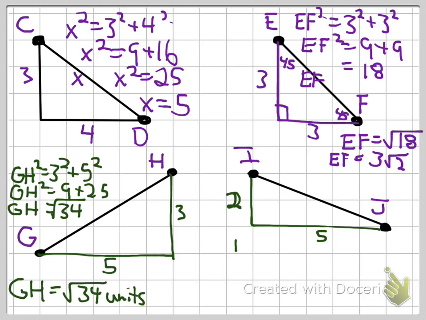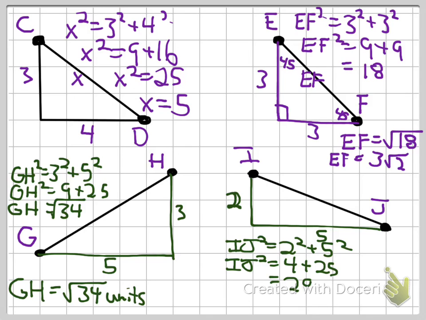Well, if we come in and write IJ squared is equal to 2 squared plus 5 squared, IJ squared equals 4 plus 25, we get the square root of 29 is equal to IJ. Square root of 29, that's a prime number. We're going to leave that as root 29. We should write units there, and that one turns out to be smaller because, yes, that one's still between 5 and 6, but it's going to be a little bit closer to 5 because 29 is closer to 25 than 36. So there we go.